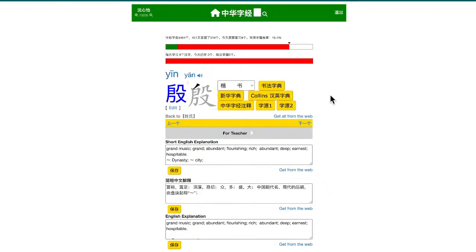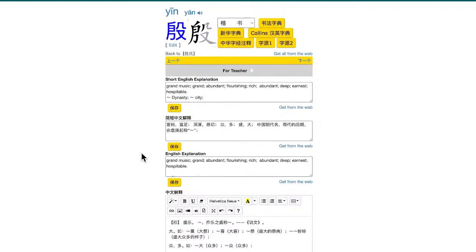Next one, 殷. 殷. Now 殷, the original meaning means 圣乐 which means grand music, the type of music that is sensational and gives a sense of grandeur, that kind of thing.